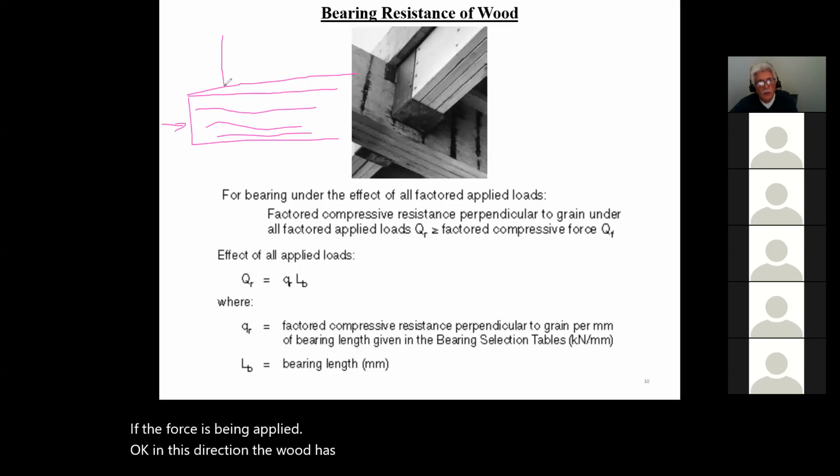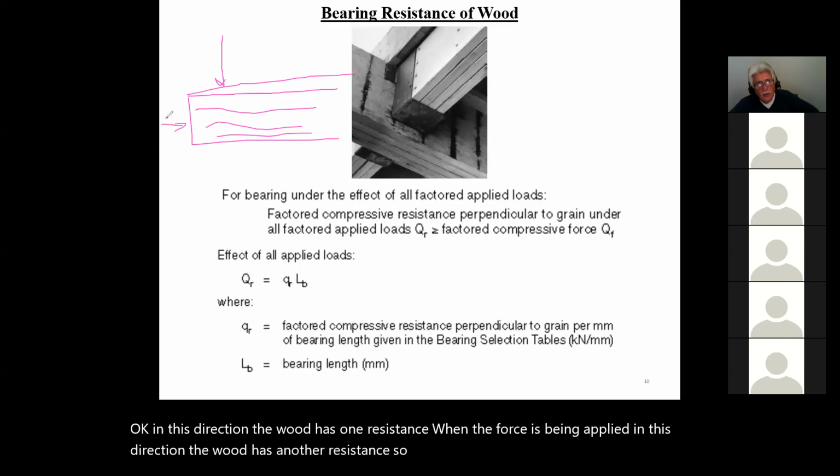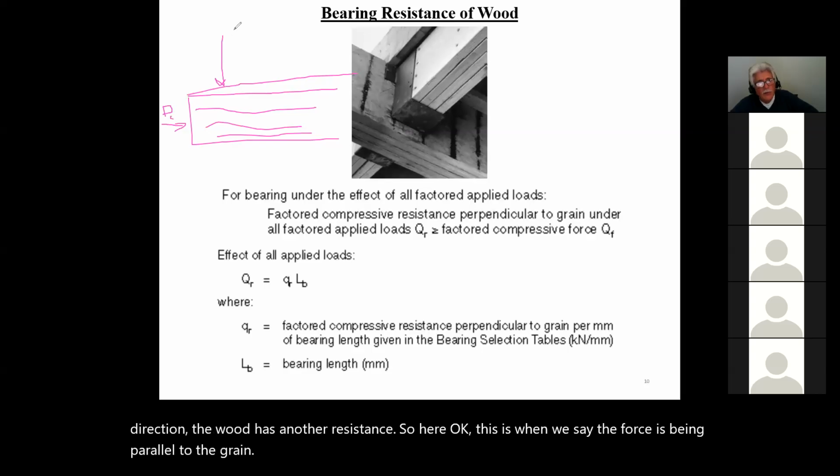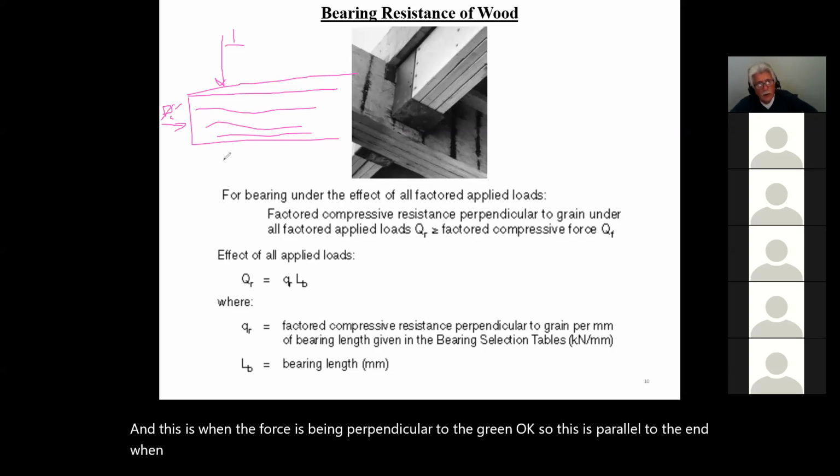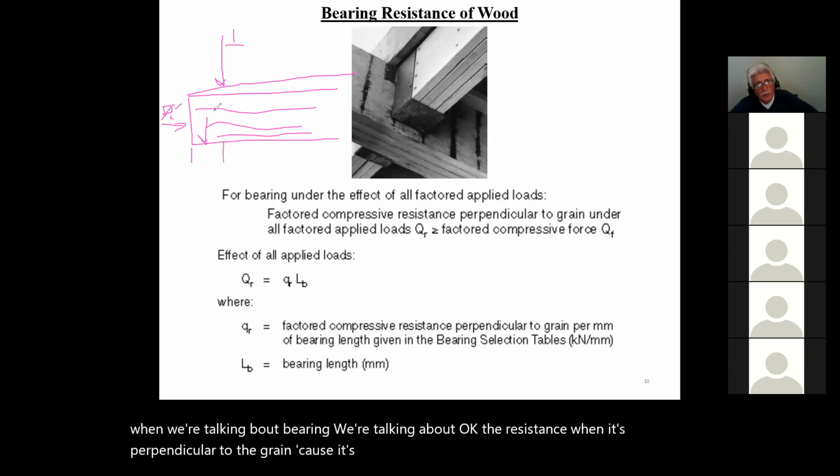When the force is being applied in this direction, the wood has another resistance. This is when we say the force is parallel to the grain, and this is when the force is perpendicular to the grain. And when we're talking about bearing, we're talking about the resistance when it's perpendicular to the grain, because the load is going through where the fibers are perpendicular to it.